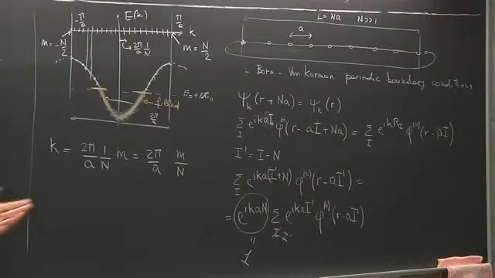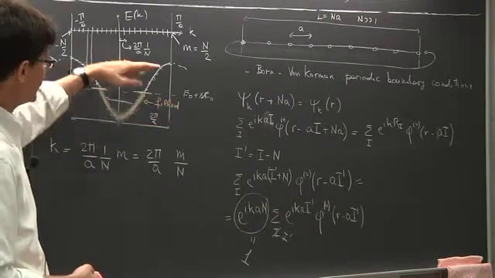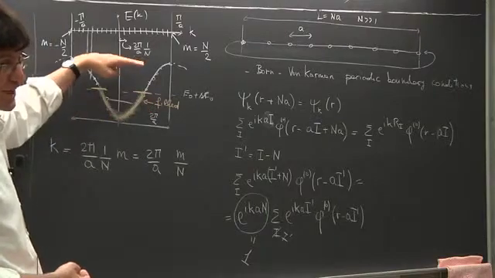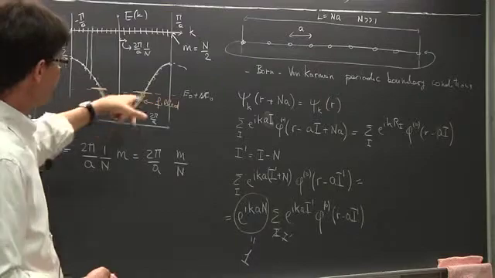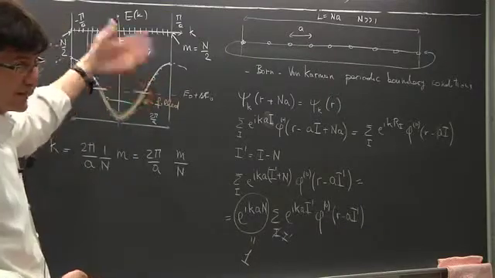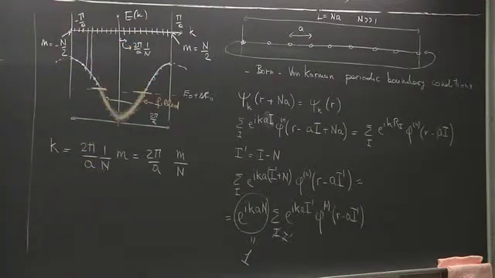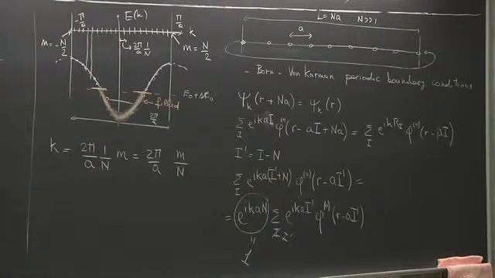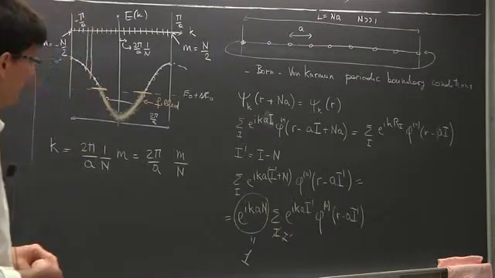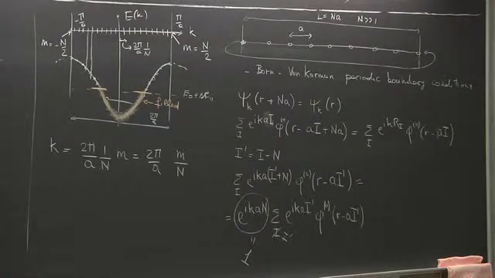The only difference is that now, instead of having 2 discrete states, one of which was filled and the other empty, the bonding state and the antibonding state, here we have a continuum of states, the lower half of which is filled and the upper half which is empty. So qualitatively, the picture hasn't really changed too much with respect to the covalent bond before. We're simply dealing with an infinite number of electrons compared to the finite number of electrons, actually 2 electrons, that we had at the beginning for the covalent bond.